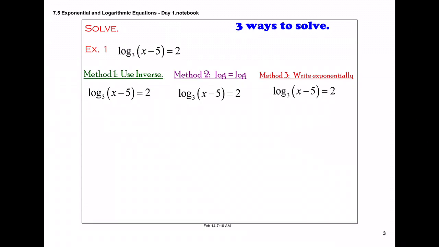Method number 1 we're going to discuss is the inverse method. The inverse method states that we can take both of these and raise each side with a base of 3.